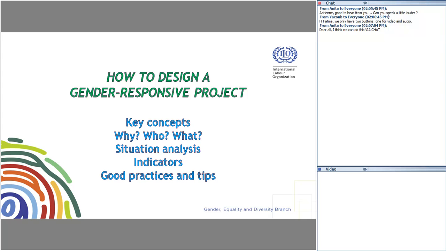That's the most important part to get right, because if we don't take into account gender in our situation analysis, then the rest of the steps are probably going to also be gender absent. We're also going to zoom in a bit on indicators, because what gets measured gets done, so we can build in a gender inclusive indicator, and that's going to help drive our project to be gender responsive. And finally, I'll share some good practices and tips.